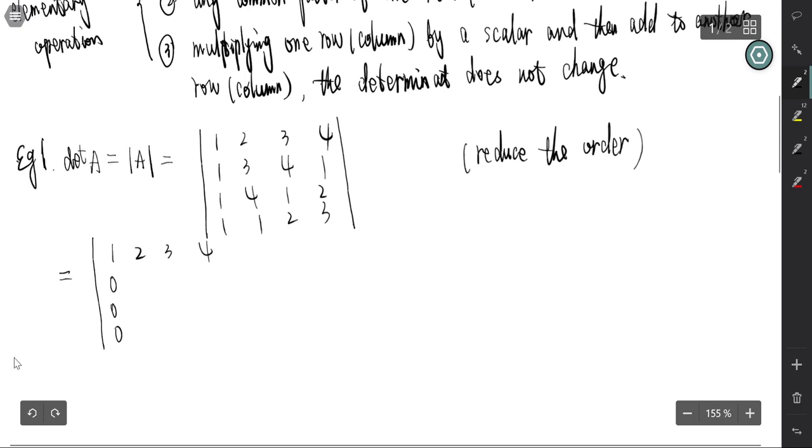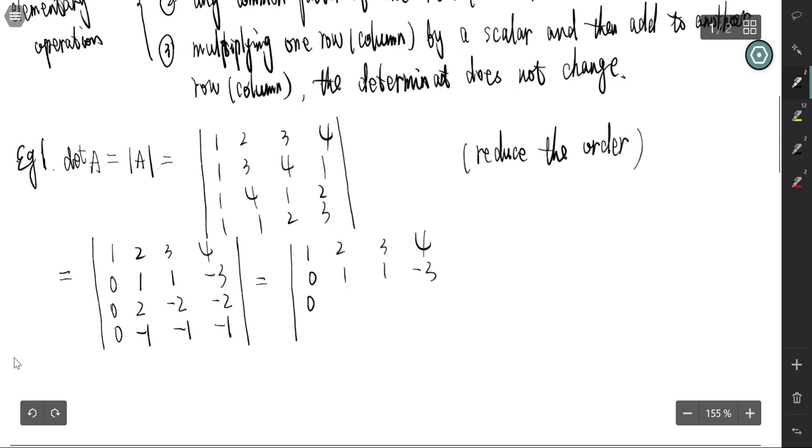The second row subtract the first row, that is 1, 1, negative 3. And here is 2, negative 2, negative 2. And here is negative 1, negative 1, negative 1. Okay, that's 1, 2, 3, 4, and 0, 1, 1, negative 3.